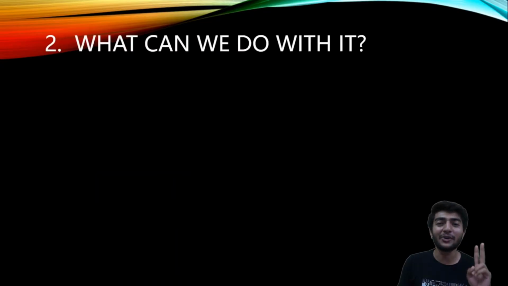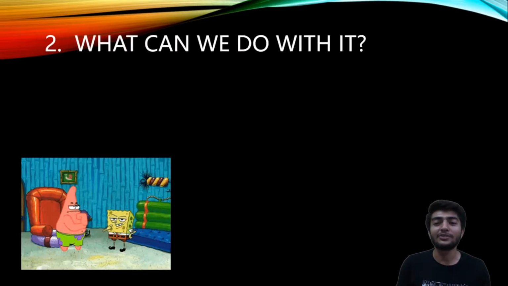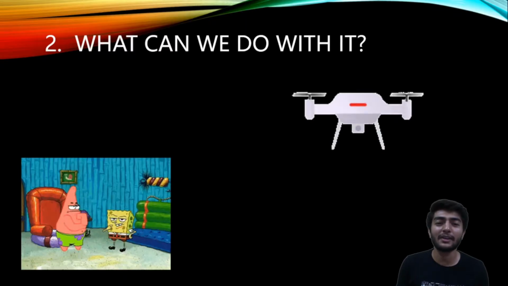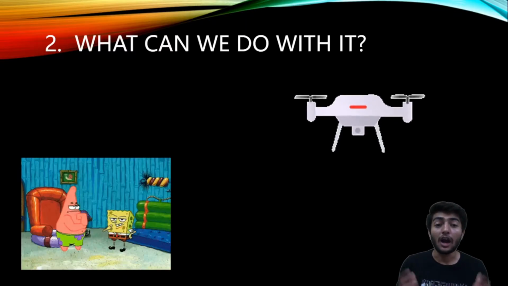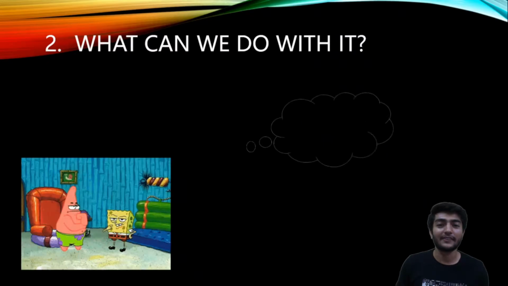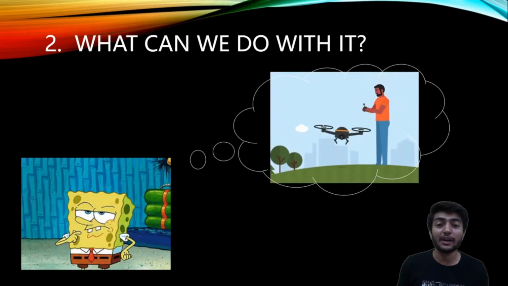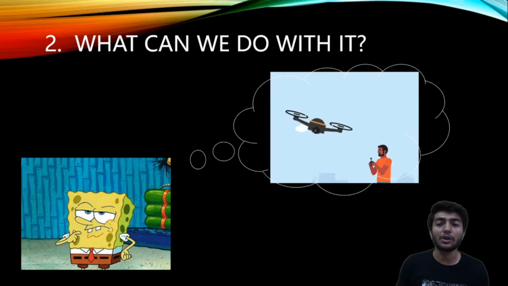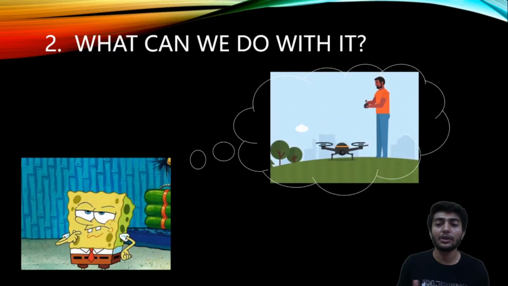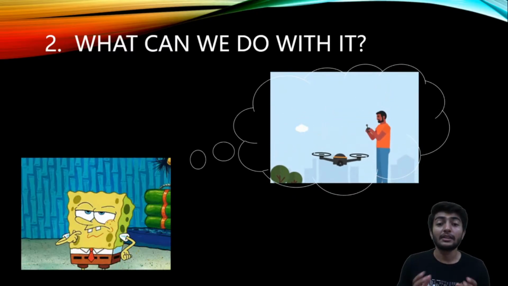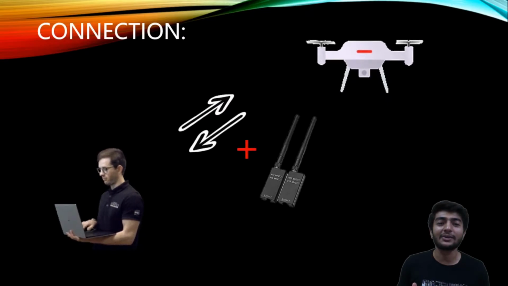Second, what can we do with it? Now, some of you who are not from a UAV background may be thinking, oh, how can we control drones with software, right? We need a joystick with a pilot who can send the command for throttle, pitch, roll, and yaw to fly the drone. But that is the interesting thing about ground control stations.